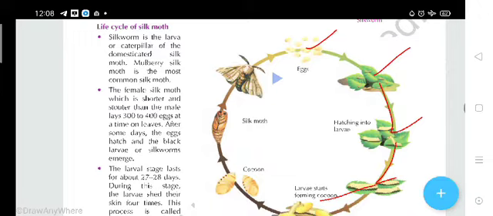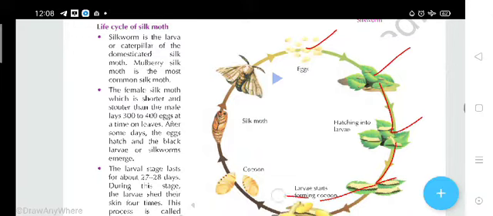Cocoon is a cage in which it protects itself, and by using its neck, it will create a cocoon structure.